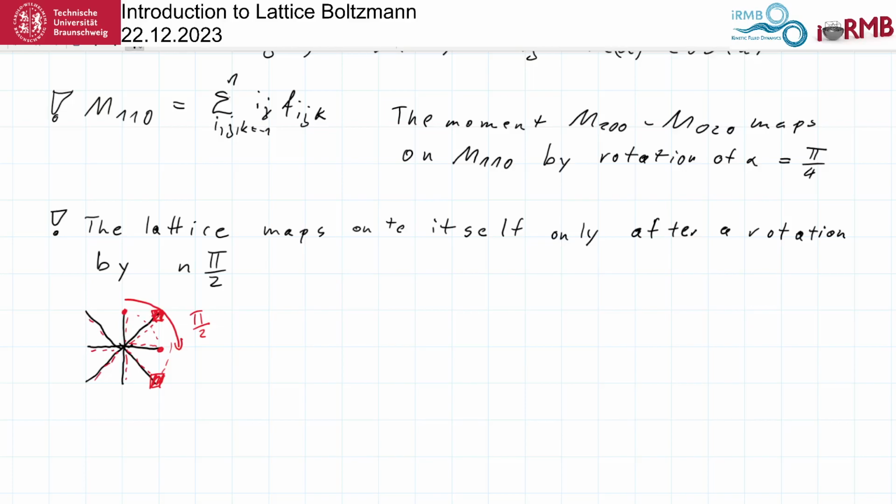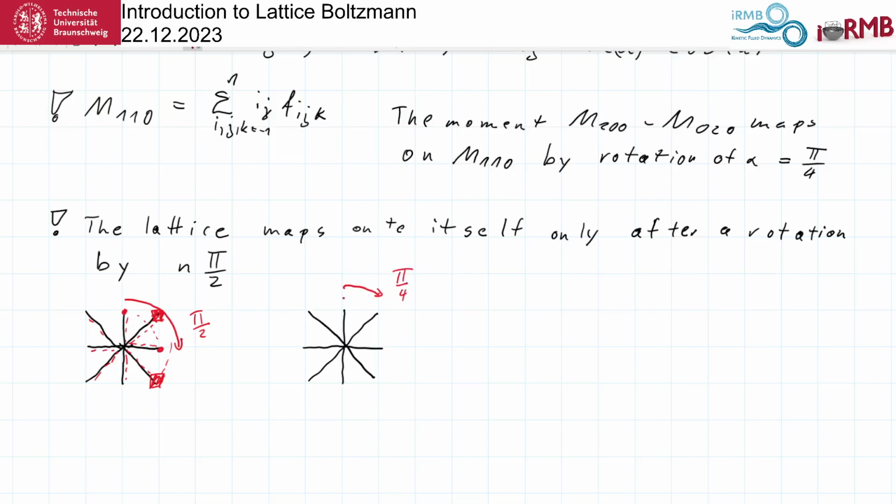However, the rotation that we had just been looking at, the rotation by quarter pi, if we rotate the entire thing by quarter pi, so not the entire way, but only until here, pi quarter.